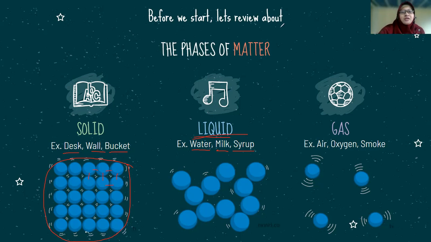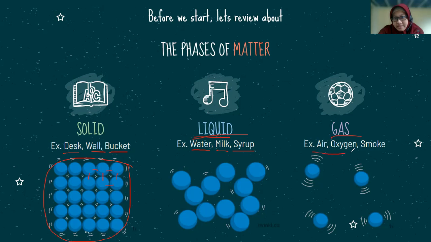The spaces between the particles are quite small, and they are not packed in a regular pattern, so they can still slide past one another. That's why liquid can flow.